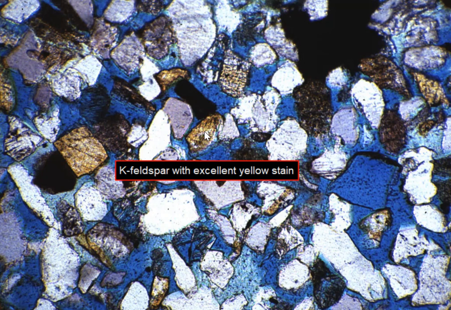Okay, it is impossible to tell K-spar and albite or intermediate plagioclase apart in thin section. They have exactly the same characteristics of cleavage and the same optical characteristics.